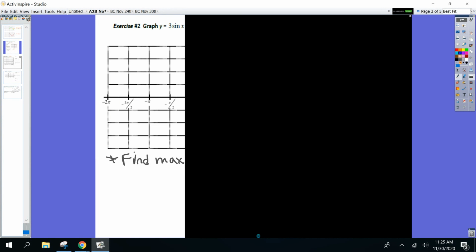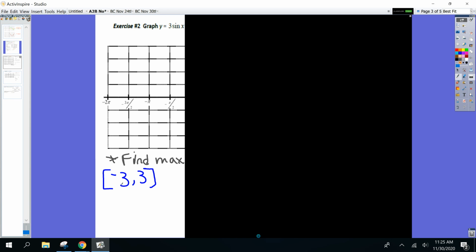Before I did the shift, you have 3 sine x. So could you tell me before I did this shift what my old min and max were with just 3 sine x? If you have just 3 sine x, what did it go up and down to? 3. Yeah, well, it went up to 3 and down to what? -3. Okay, so everybody, that's my old one.